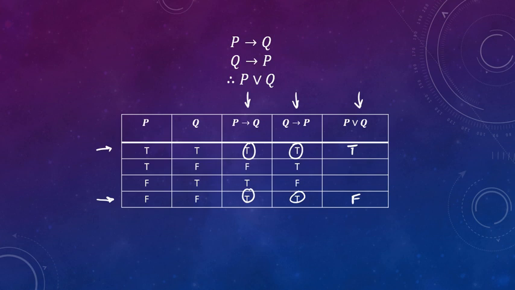So now we have a critical row, specifically the fourth row here, where all of our hypotheses are true, yet our conclusion is false. And although it's only happening in one of these two rows, that's still enough for us to say that this argument is invalid.